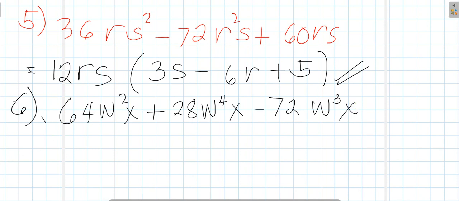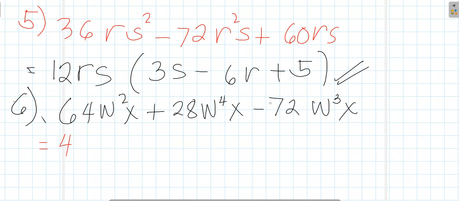Okay, first you have to get the LCD between the numerical coefficients. So the LCD between 64, 28, and 72 is 4. Okay, so we have here 4.